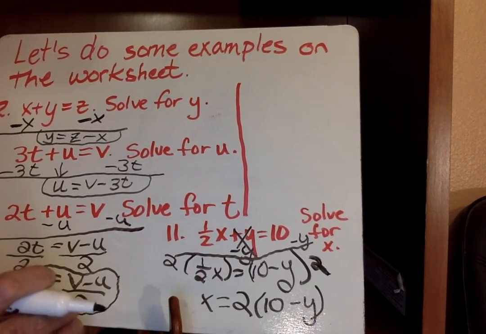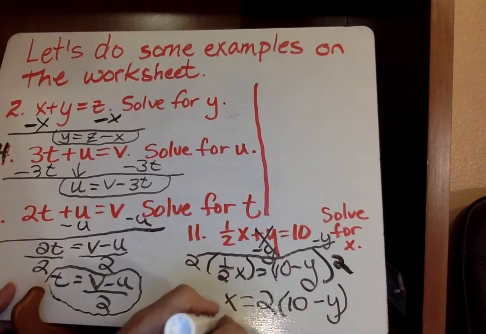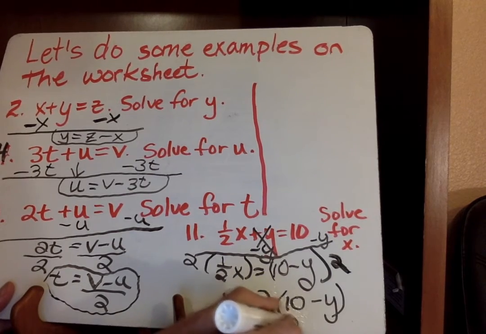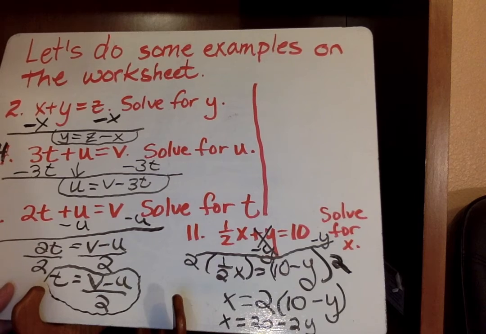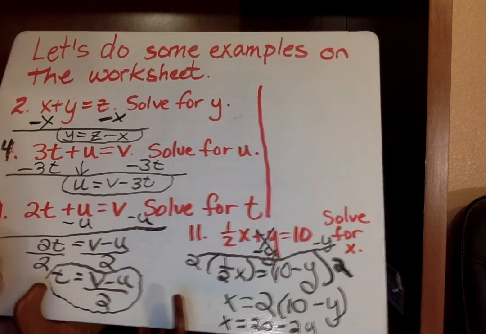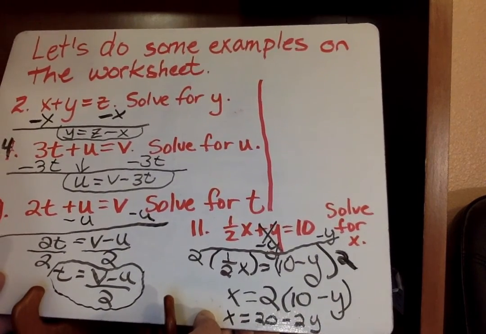Now I could go one more step and get x equals 20 minus 2y. Either of those answers would be acceptable. So again, x equals 20 minus 2y, or x equals 2 parentheses 10 minus y.